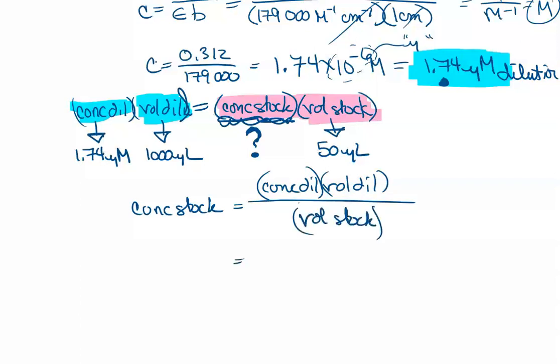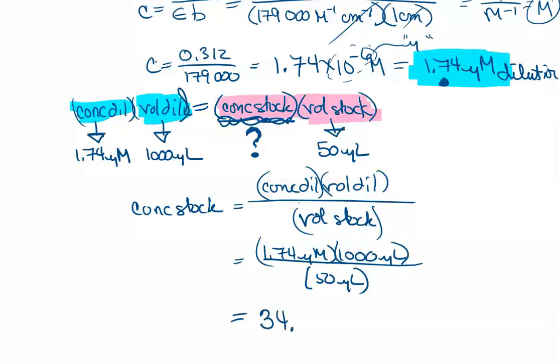And so when we do that, we have 1.74 micromolar times 1,000 microliters divided by 50 microliters. And when you do the math, you end up with 34.8 micromolar as your stock concentration.